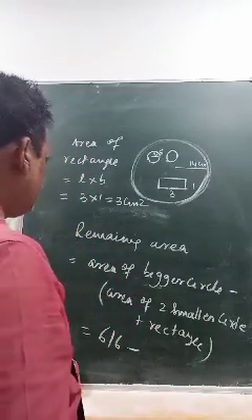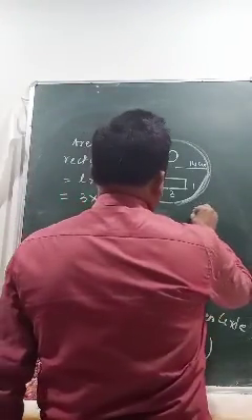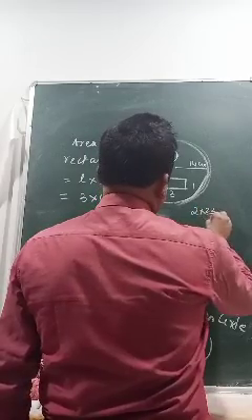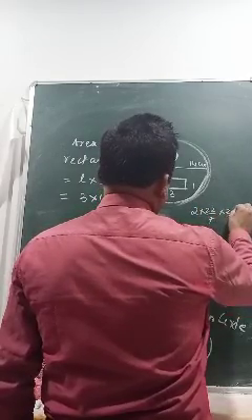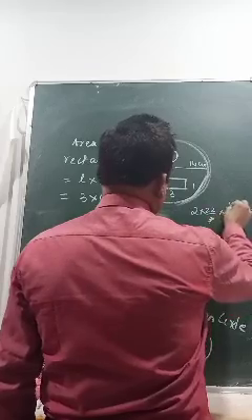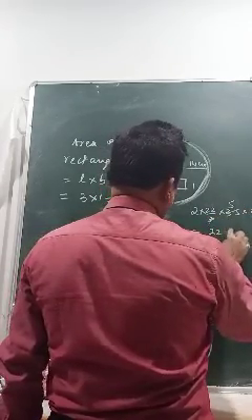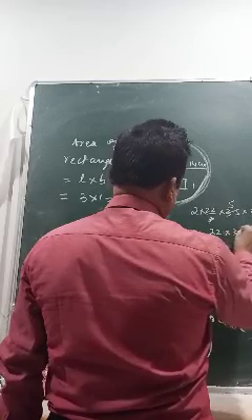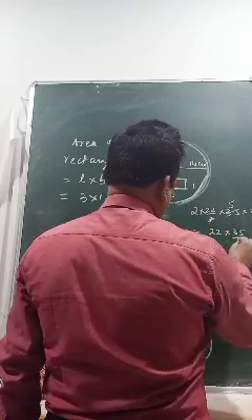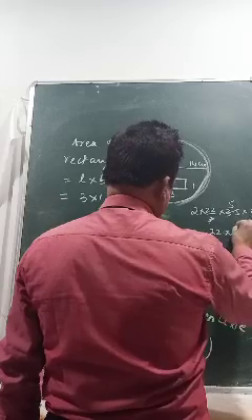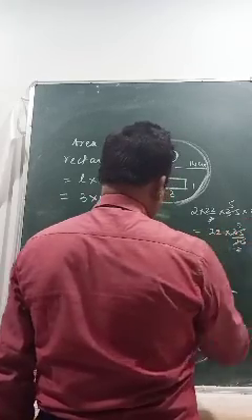How much we had got there? 2 into 22 by 7, 3.5, 3.5, so 22 into 35 by 10, 77.